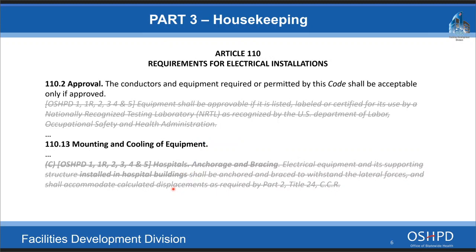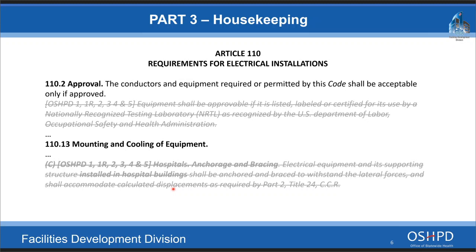In Article 110, we had an OSHPD amendment for approval. OSHPD requires all equipment to be listed, labeled, and certified by a nationally recognized testing laboratory. We deleted this because in Article 110.3C, the model code requires all equipment to be listed as well.